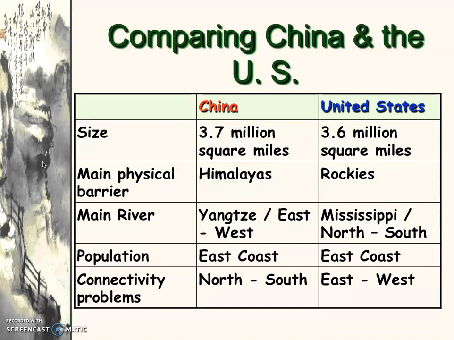Okay, our population densities or concentrations. China and the U.S. are pretty much the same thing. The East Coast. Now, for us, one of the reasons why the East Coast is so populated is because that's where we started out. If we look at the West Coast, we haven't been here as long. Sooner or later, it'll probably get pretty packed.